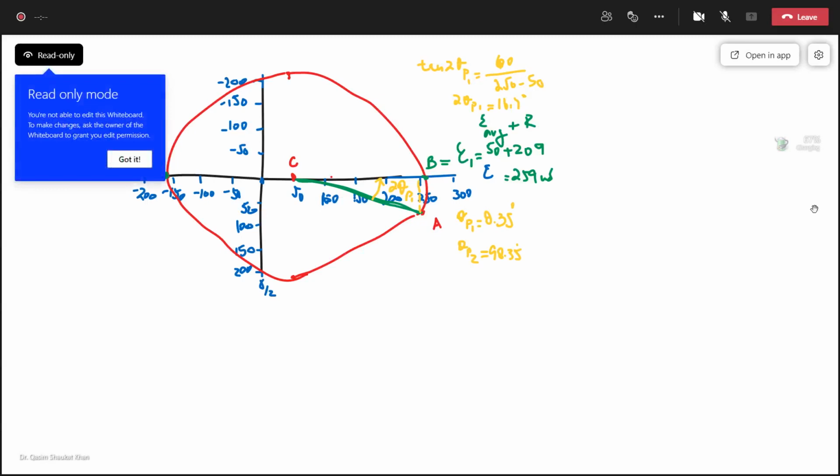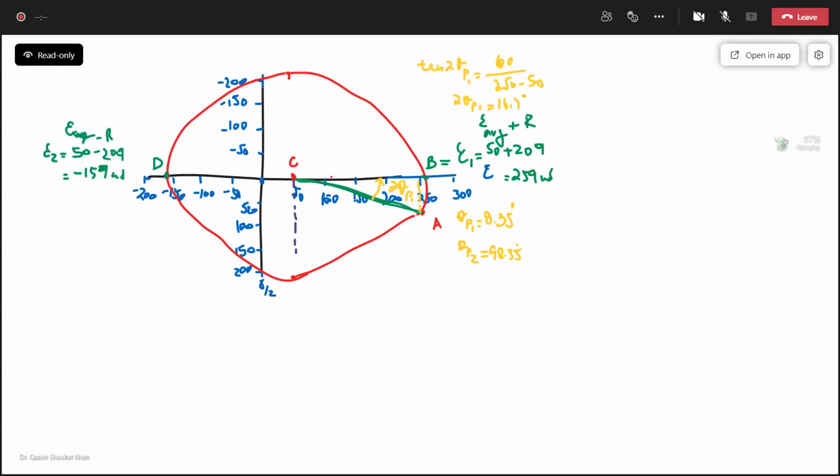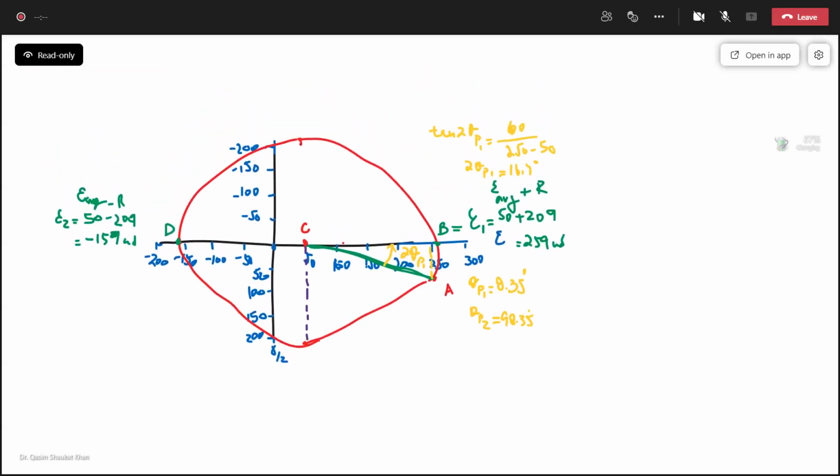Let's start. So we need to calculate the maximum shear. ठीक है जी, so this is your point E. This will give us the maximum in plane shear strain.